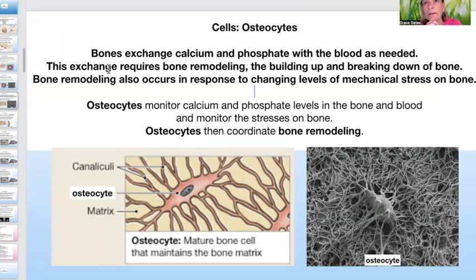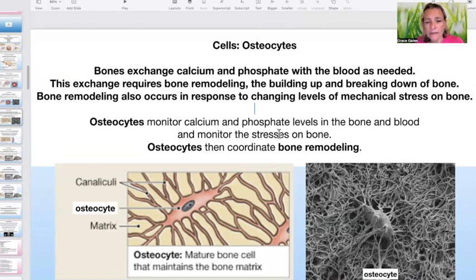On the other hand, if calcium and phosphate levels in the blood are too high, then calcium and phosphate are put into bone. Bone is built up, and the bone stores the calcium and the phosphate. Bone remodeling also occurs in response to changing levels of mechanical stress on bone. And we'll talk more about that in a couple of slides.